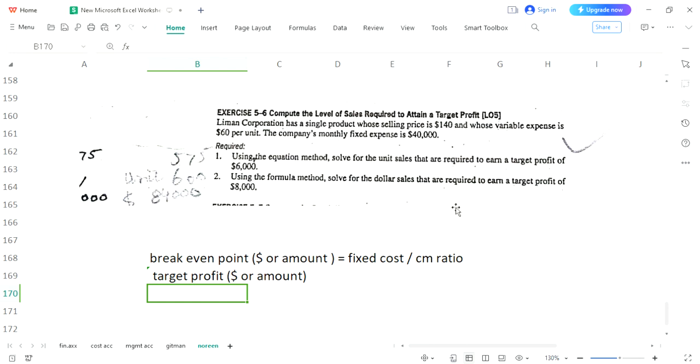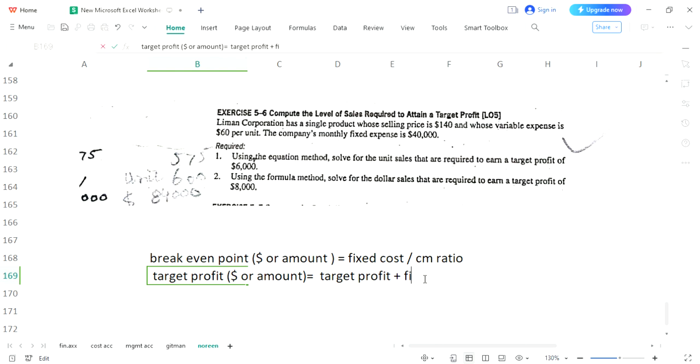Same formula we are writing over here, but now this is a new concept, target profit, and still we are using the same formula. What is that? You will use fixed cost over CM ratio, except one thing you will add would be target profit. You will sum, again the same formula I am going to write which was used for break even, fixed cost plus target profit, bracket close, and you need to divide it by CM ratio.